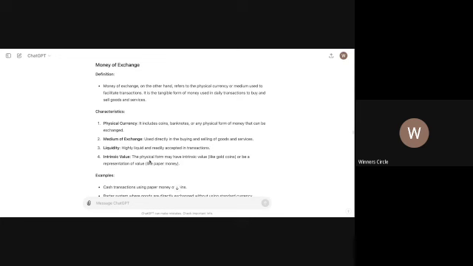Intrinsic value. The physical form may have intrinsic value like gold coins or be the representation of value like paper money. That's where the Federal Reserve comes in.